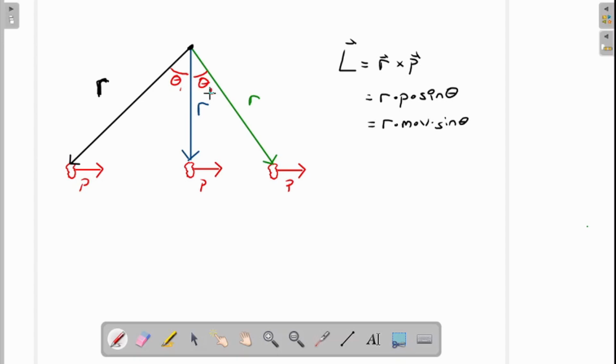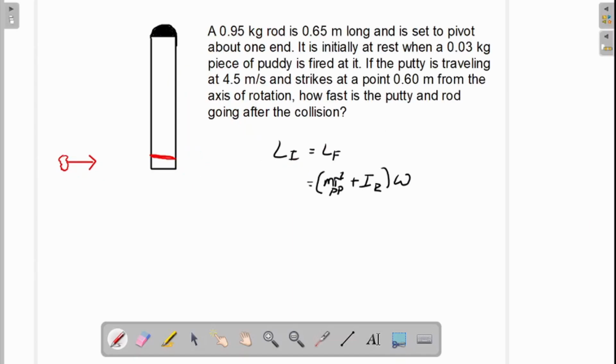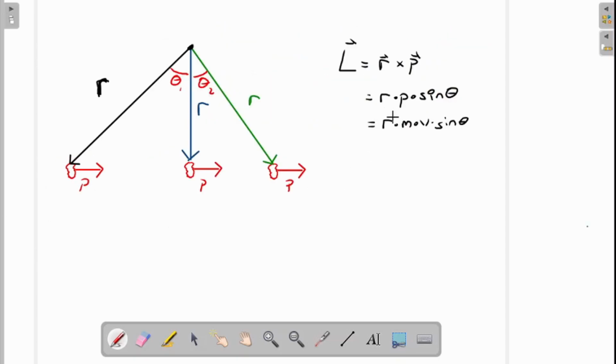Now, typically, we can calculate this, we can find all the values, but the important bit is when it hits. In this case, it's hitting directly perpendicular. If it was hitting at an angle, we'd have to go back to the sine here. But since it's heading perpendicularly, sine of theta is 90, which simplifies down to the RMV I told you in the previous video.